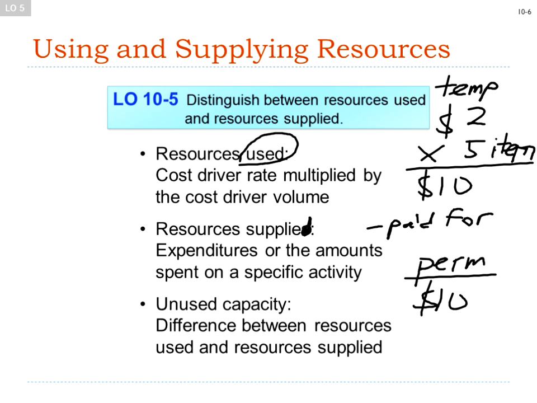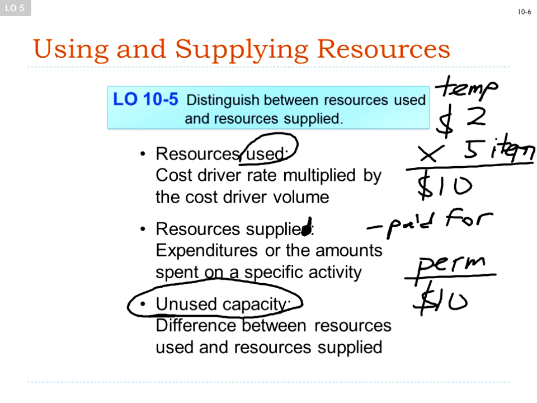Assuming your company is busy enough that the worker has 5 items to load every hour, it wouldn't matter whether you have a temp worker or a permanent worker. However, if your company hires a permanent worker and there are slow times, maybe one day you don't have that many deliveries to make, so the permanent worker doesn't have any work to do, then you're going to have what is called unused capacity. If this worker can load 5 items in a truck in an hour but loaded fewer than 5 items, then you have unused capacity.